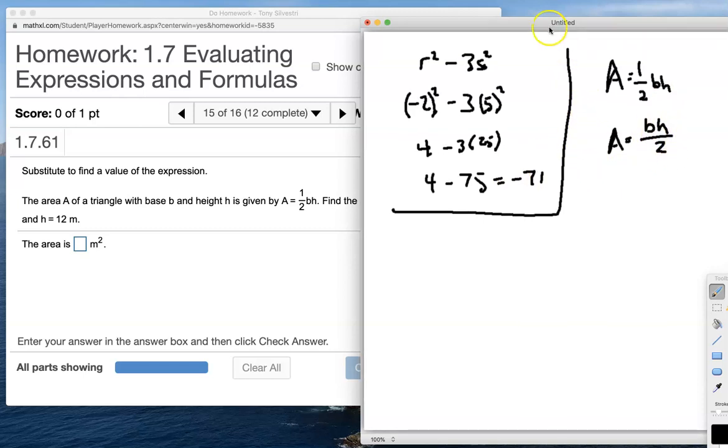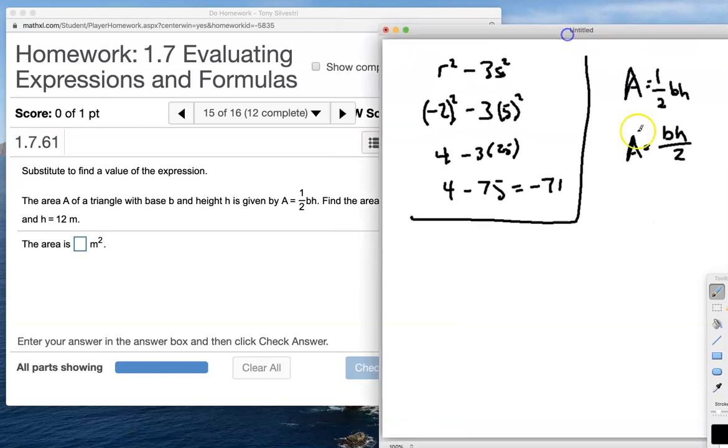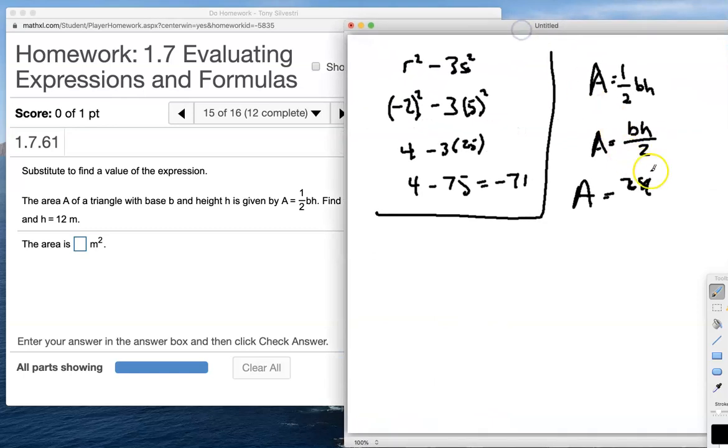Now what they want you to do is plug in for b. B is 28. A is equal to 28 times h, 12, divided by 2. Okay, no problem. How about this? 2 divides into 12 6 times. 2 divides into itself 1.